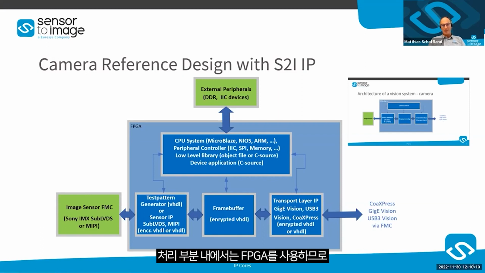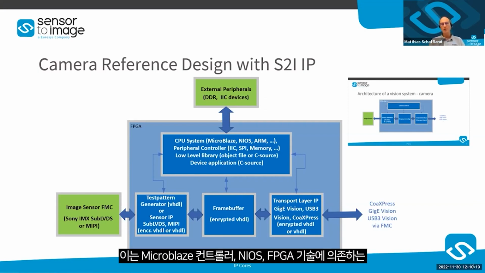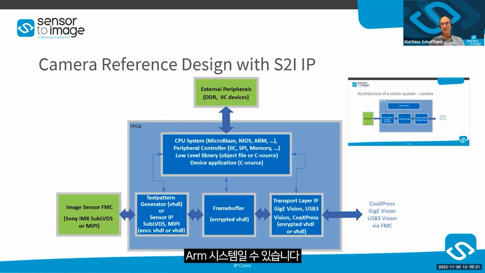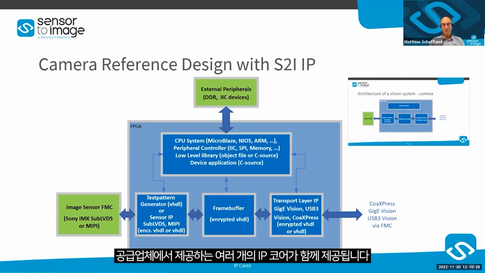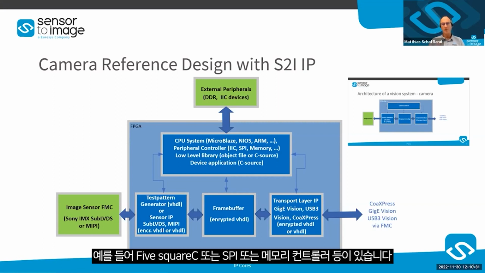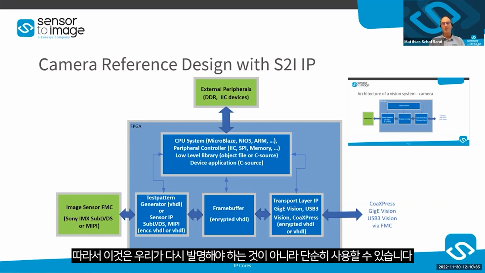Within the processing part, we use an FPGA, with an embedded CPU system. That could be a MicroBlaze controller, a Nios, an ARM system, depending on the FPGA technology. Typically, the CPU system comes with a number of IP cores from the vendor, for example, for I2C or SPI or memory controller or something like that. So this is nothing we have to reinvent. We simply can use them.